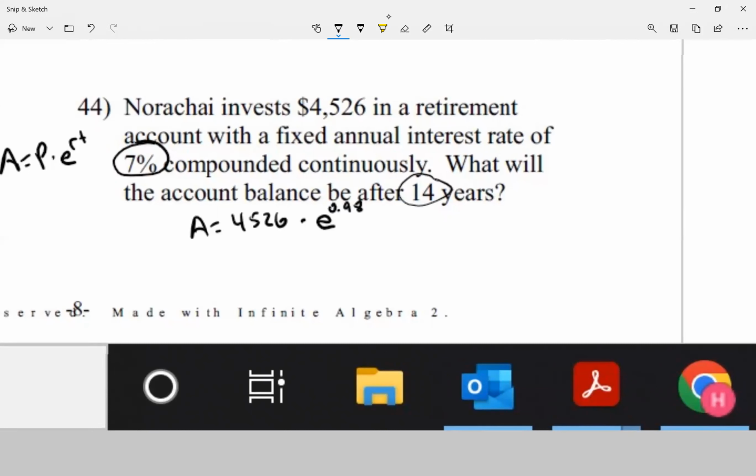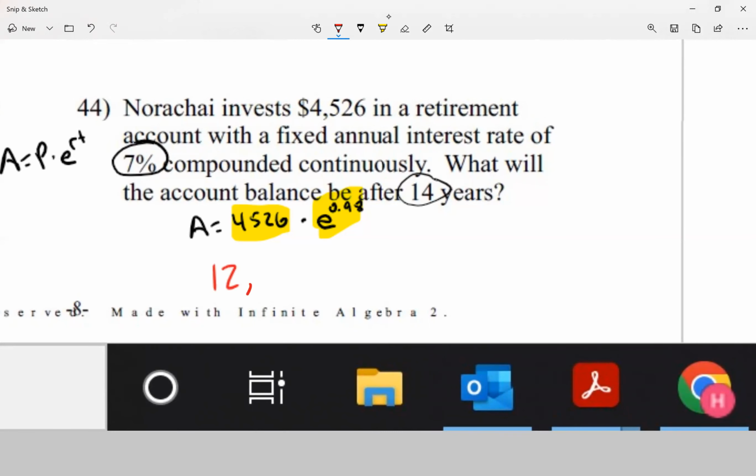All right, do the exponent first. So E to the 0.98 times 4,526. Round your answer to 2 decimal places, and I'm going to get $12,059 with 33 cents.